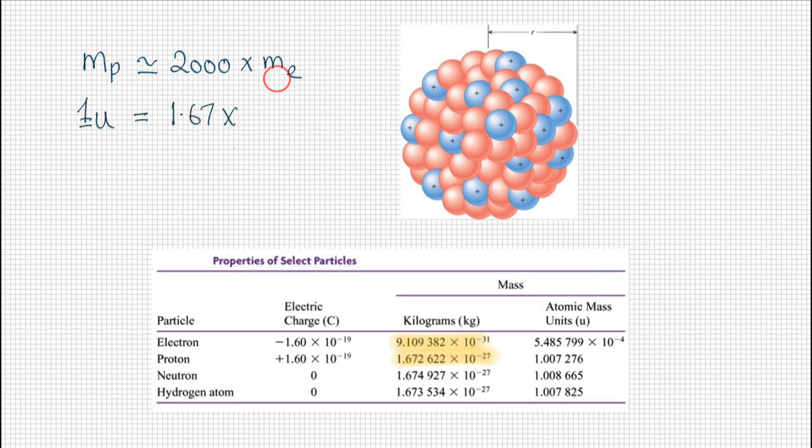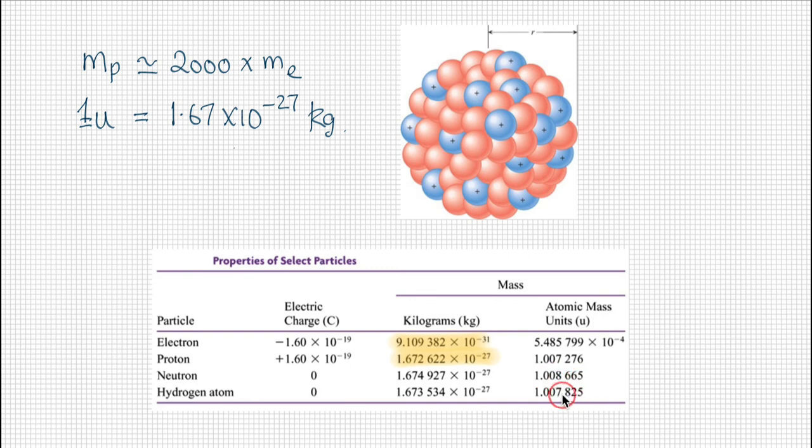Now we need to be able to convert between masses that are given in kilograms because we don't want to work with numbers this small. So we're going to use the atomic mass unit U, and you can see over here that the atomic mass of a proton is about the same as a neutron, which is about the same as a hydrogen.